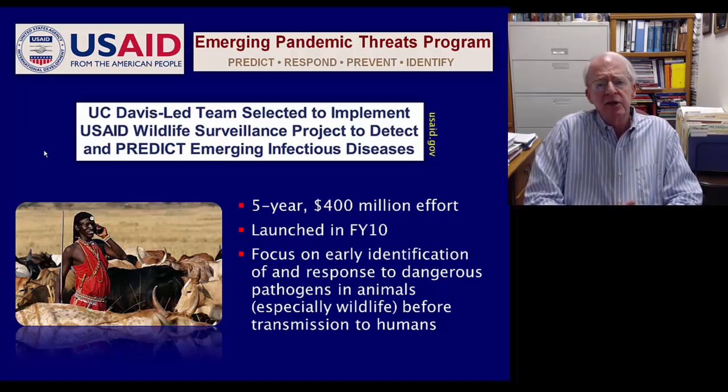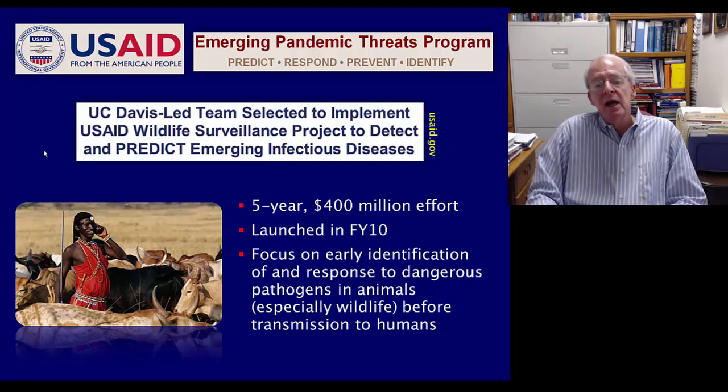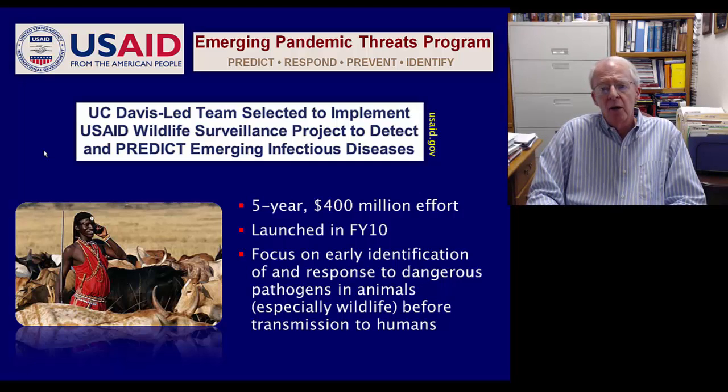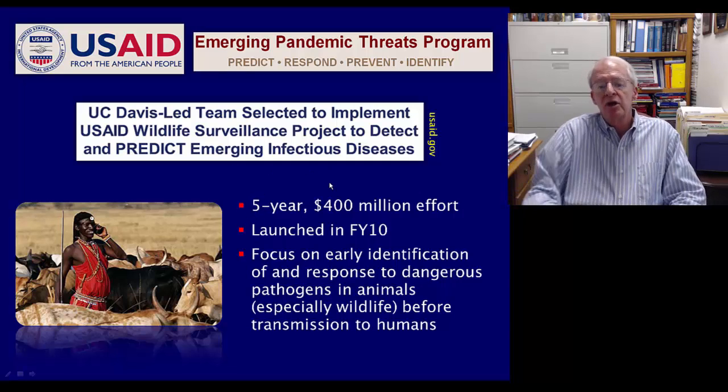In the United States, the U.S. Agency for International Development, USAID, has been a leader in providing support for research efforts to detect and respond to emerging zoonotic diseases. 5 years ago, they launched an Emerging Pandemic Threats program. It's a 5-year, $400 million effort.